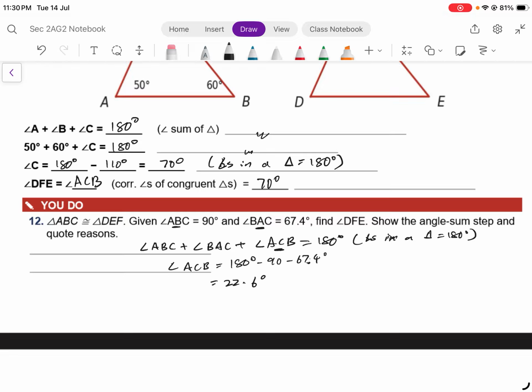Okay, find DFE. So DFE will be the same as ACB, right? So angle DFE equals angle ACB, because they are corresponding angles of congruent triangles.